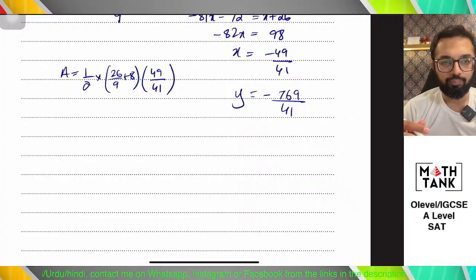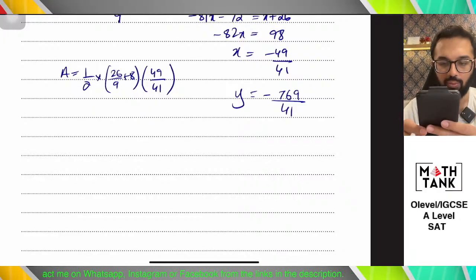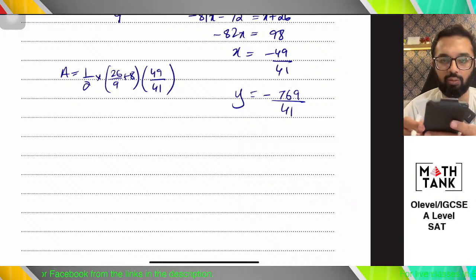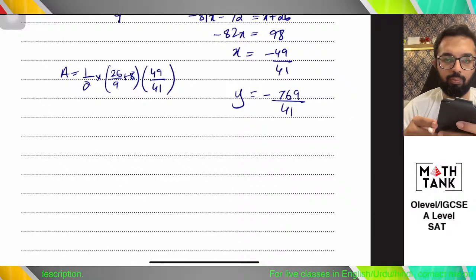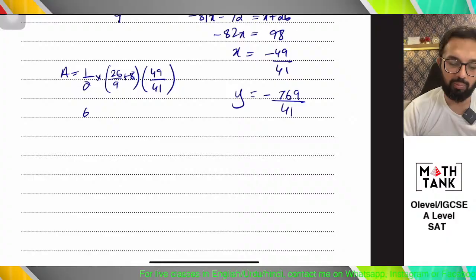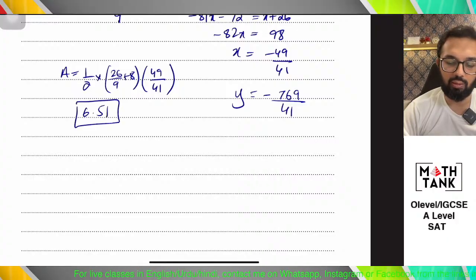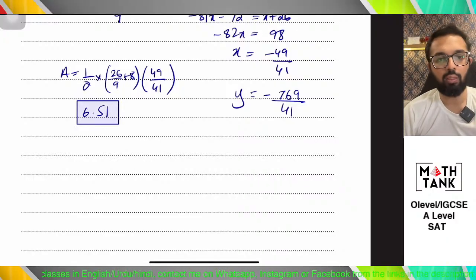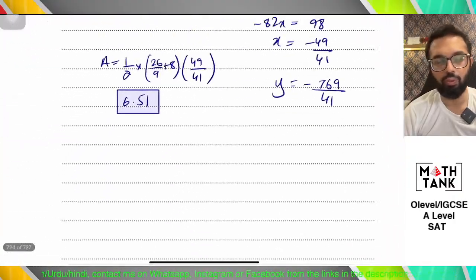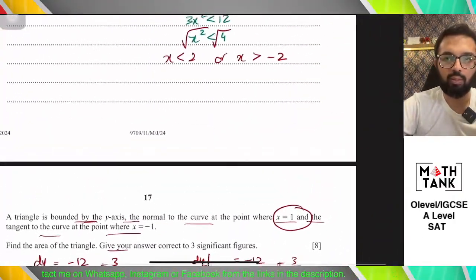Let's see what you get. That's a really weird calculation, I've never seen calculations like that. That gives me 6.51. Yes, that is the correct answer. So a tough question at the end for June 24. Whoever was asking, that's your answer.